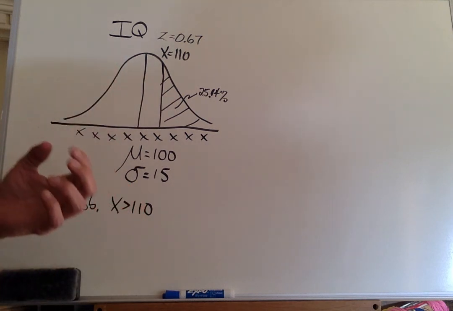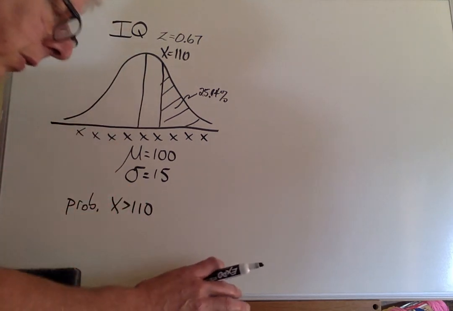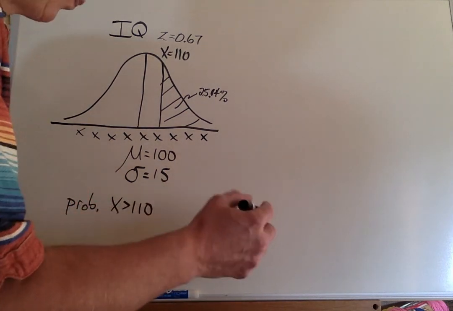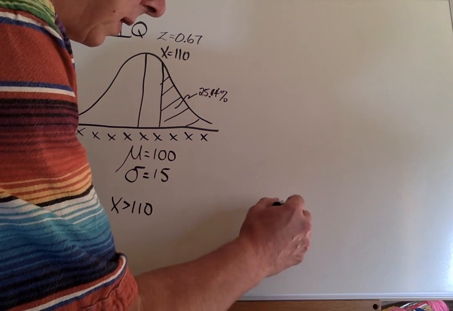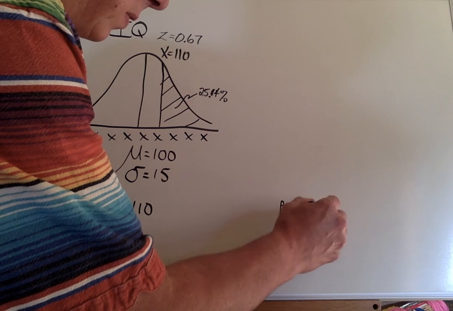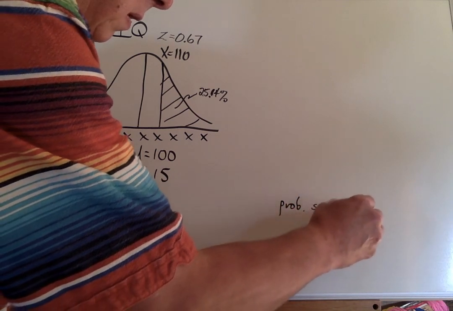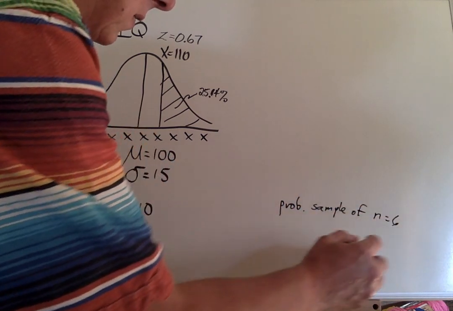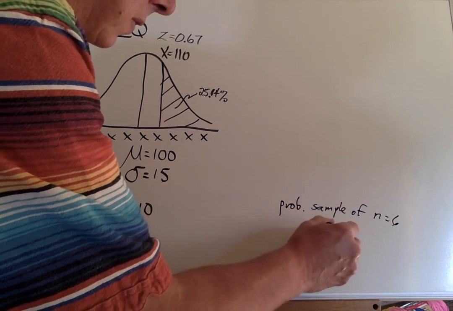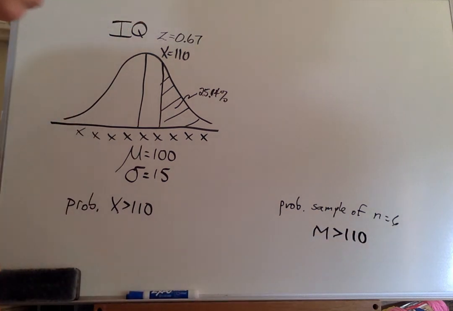Okay, I'm not going to take an Ivy League school or Mensa Club or anything like that. So what is the probability of having a sample of n equals 6 where the mean for that sample is greater than 110? Okay, everybody with me? That's the question.